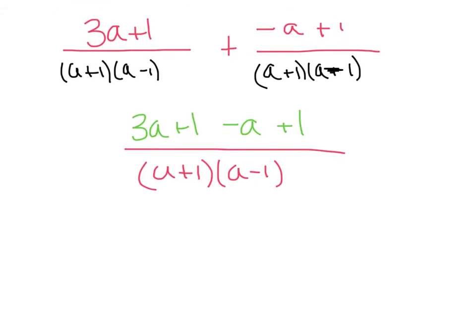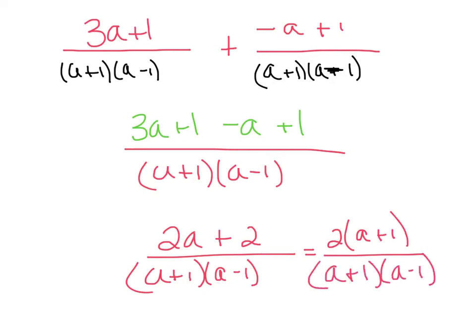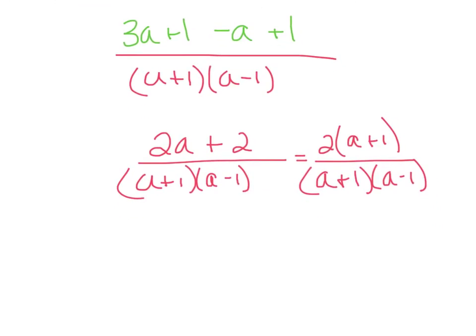So let's see, that gets me a total of 2a plus 2 divided by my a plus 1 and a minus 1. And I can factor that top. I can pull out the 2, and I've got my a plus 1 divided by my a plus 1 and a minus 1. So lastly, those cancel, and I get 2 over a minus 1.